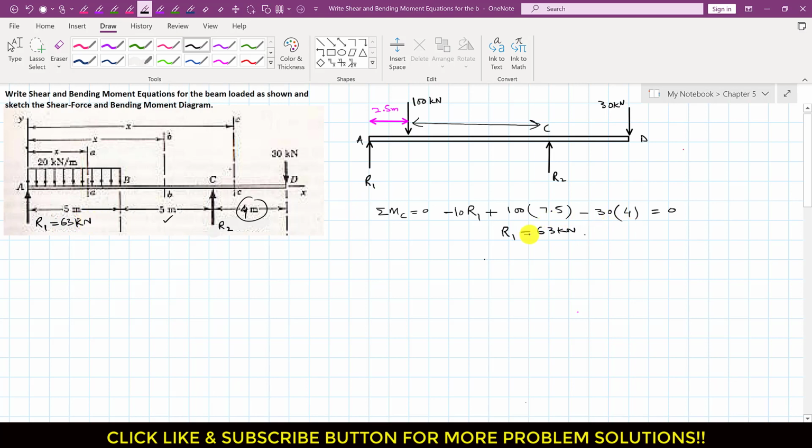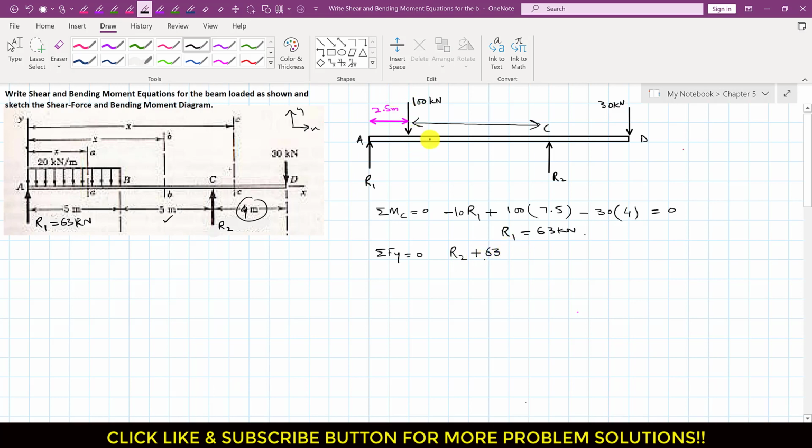And similarly, if we apply the summation of forces along y equals 0, if this is our positive x and y direction, then as we can see R2 is acting in the positive y direction, so I will write R2. R1 is acting in the positive y direction, so I will write plus R1, and the R1 magnitude is 63.